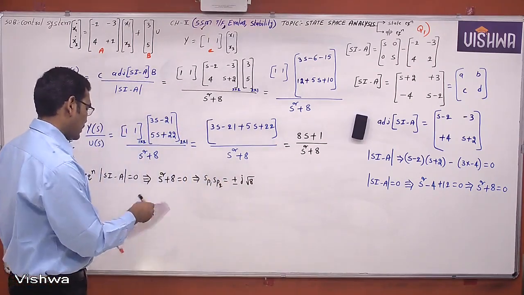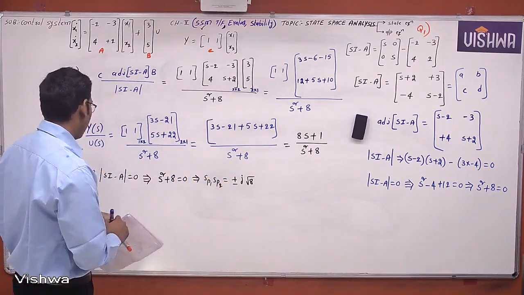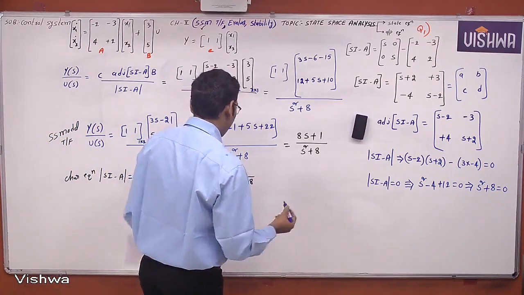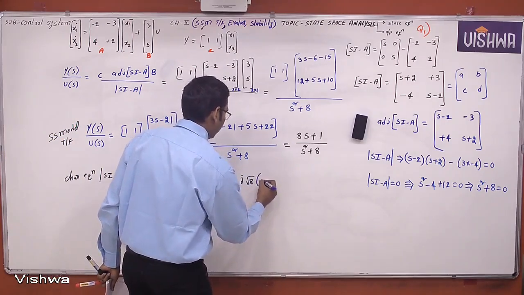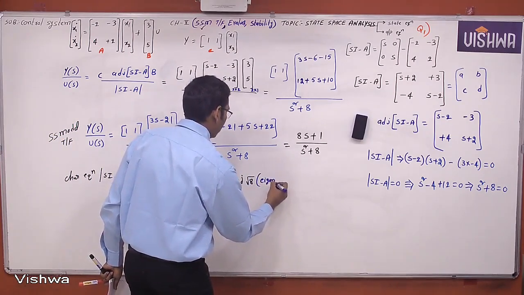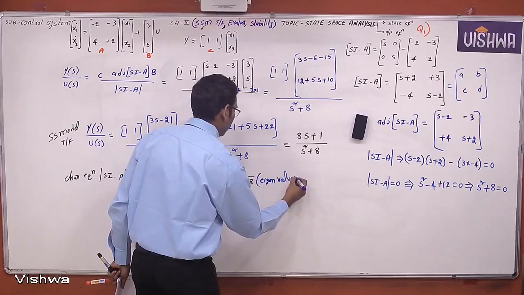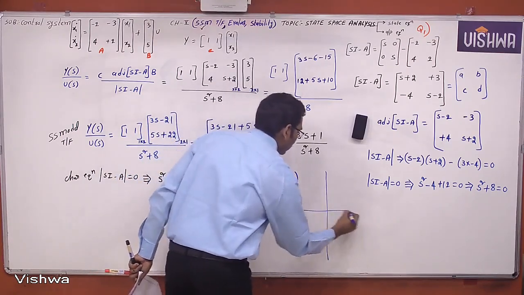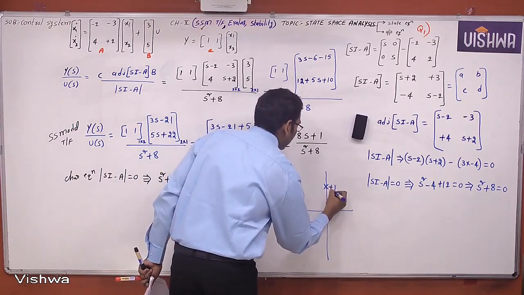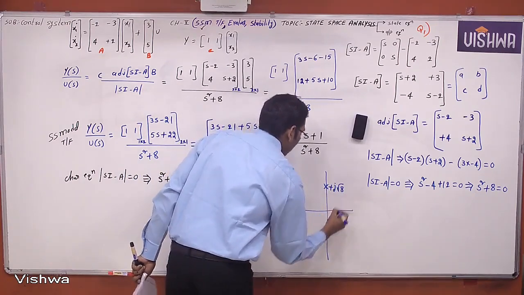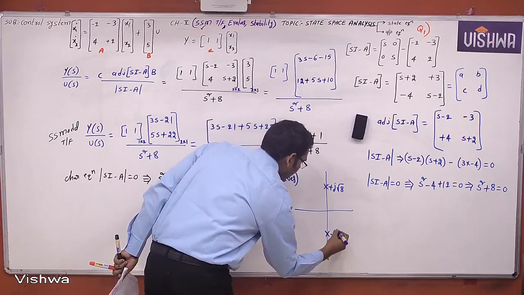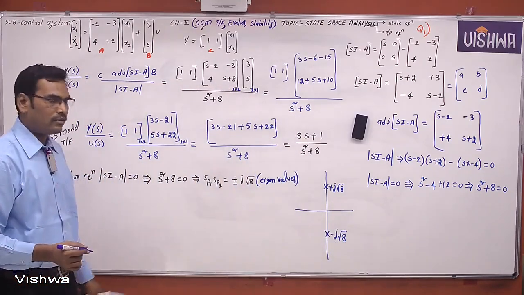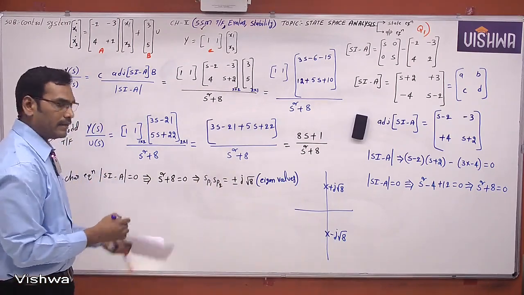The eigenvalues are plus j root 8 and minus j root 8.